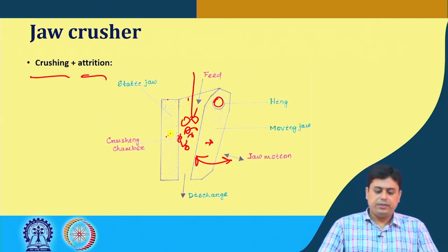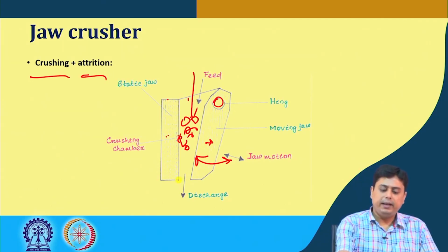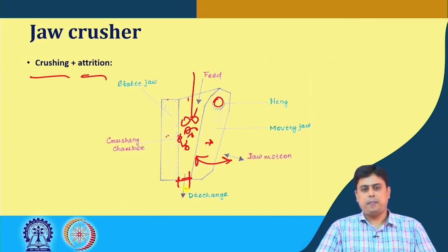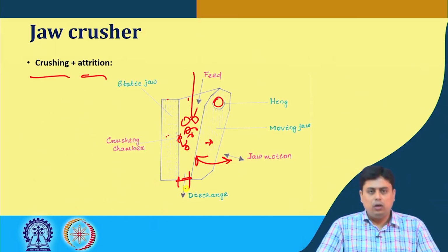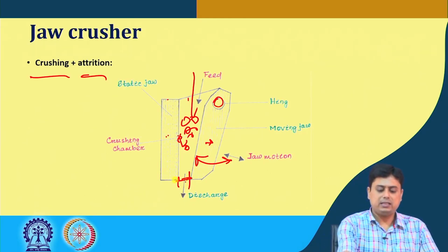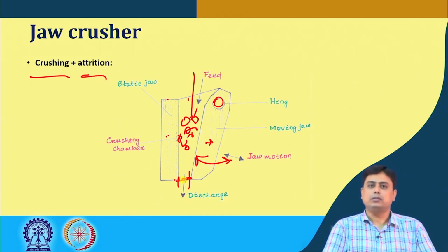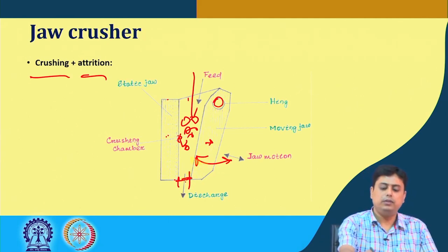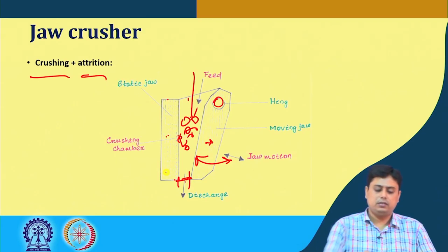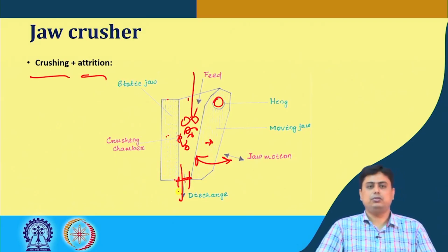Now, in this case, the interesting phenomenon is that depending on the discharge size, the outlet particle size range varies. So, you can control the product size range by adjusting this gap at the outlet or the movement of this impact. If it is small enough, it will be discharged through the outlet.